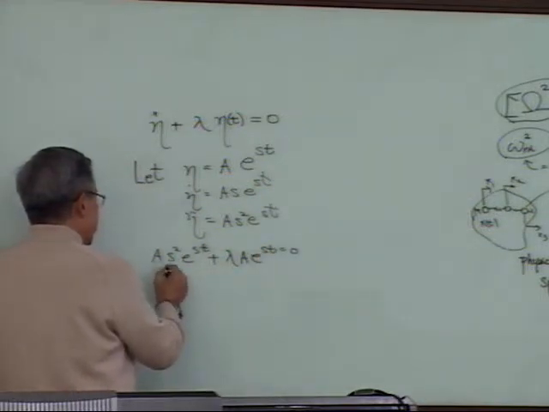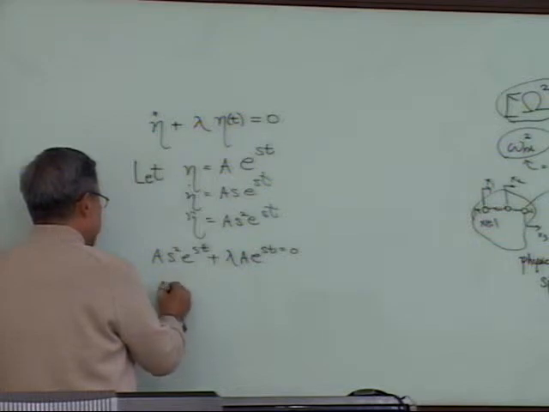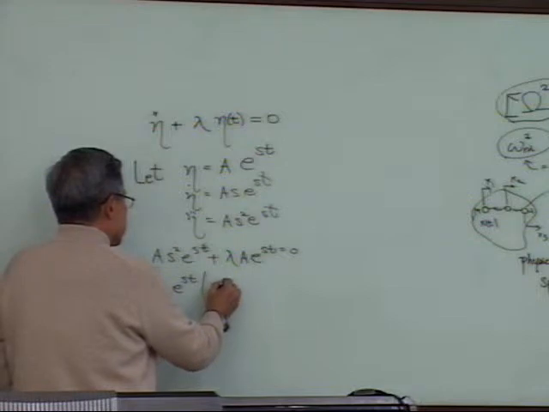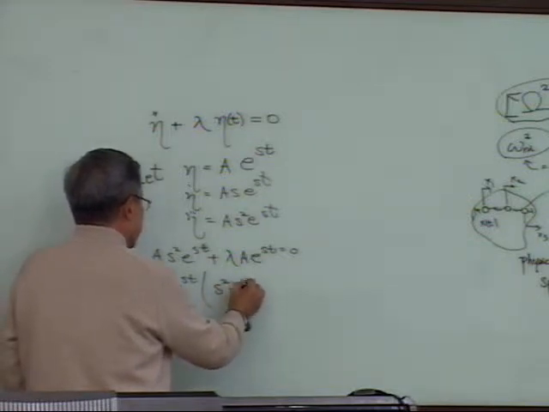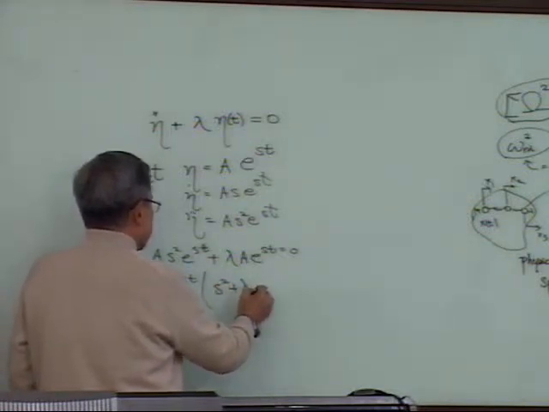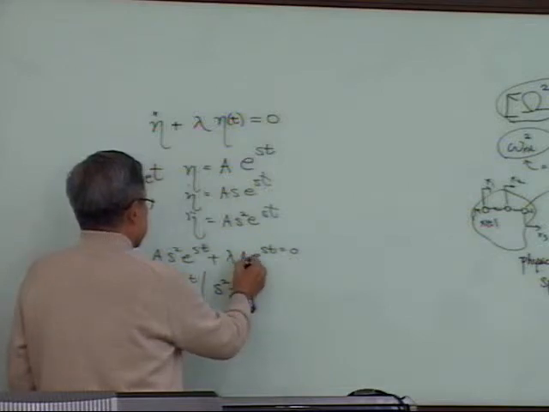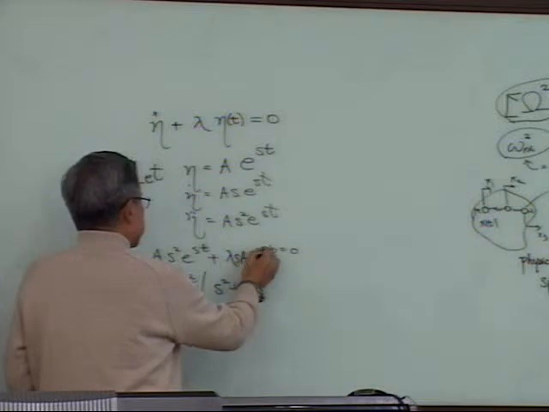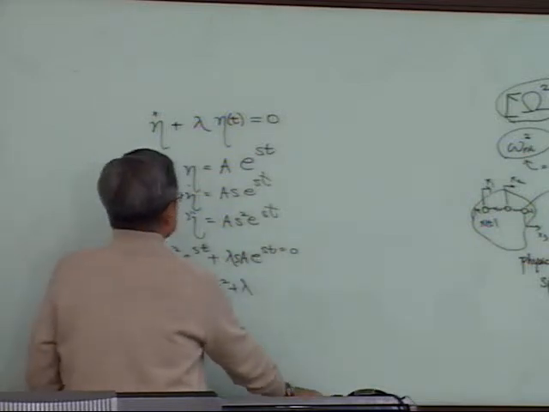Then I take A and e to the st out, and s square plus lambda. Oh, I'm sorry.